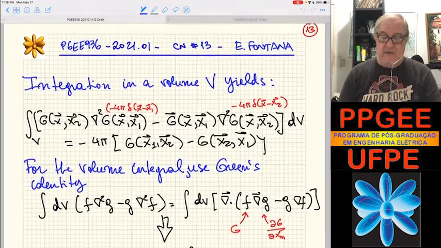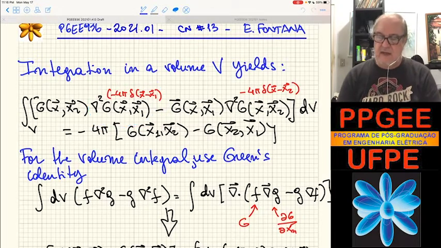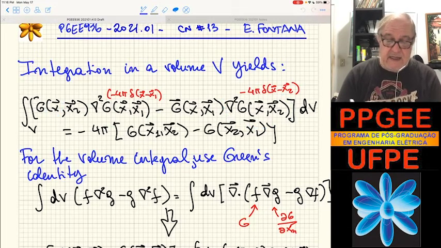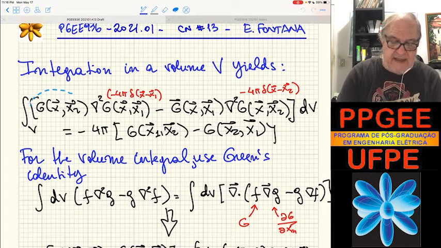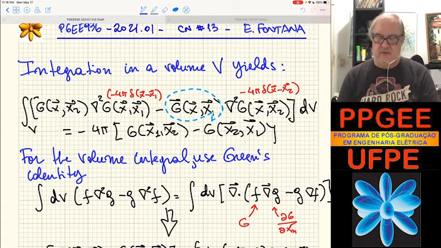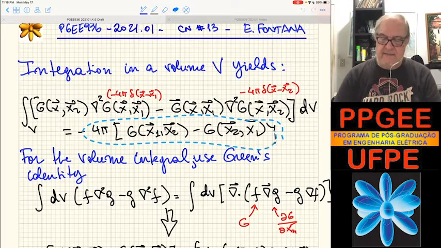So when we do the integration, we end up with minus 4 pi delta(x minus x1), minus 4 pi delta(x minus x2). Integration is in the x variable, right? So I'm going to have g(x1, x2), and here, with singularity at x2, I'm going to pick up g(x2, x1). So that's the result we get, right?